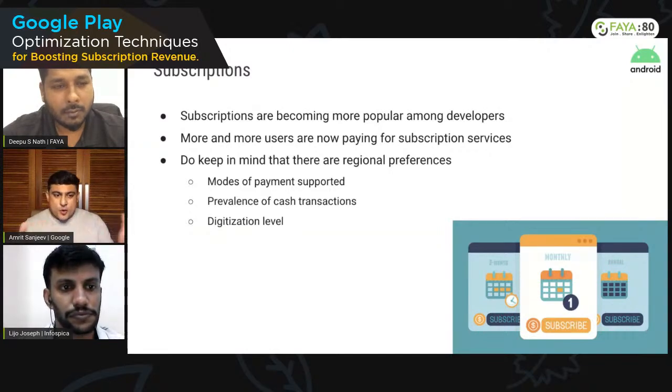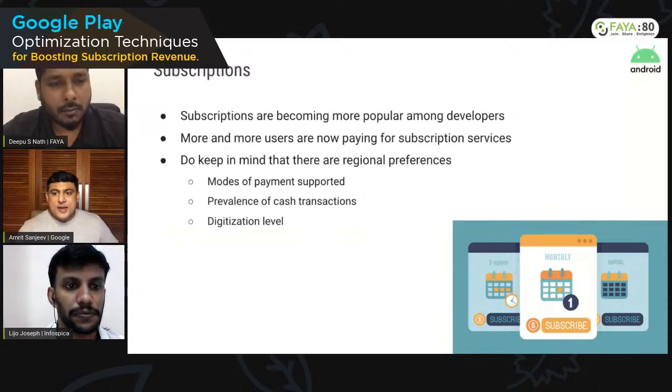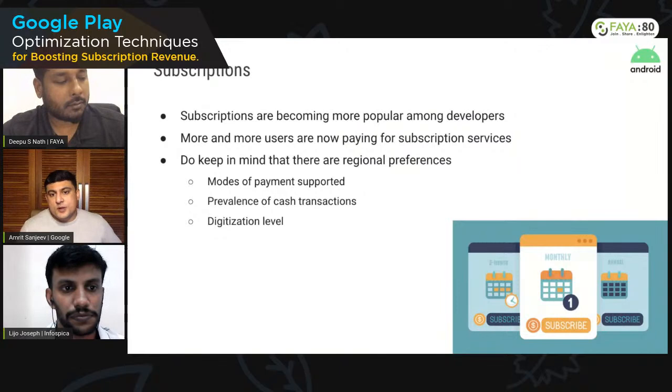But for your question, I would very clearly say that the number of features that come along with Google Play, which allow you to win back users and give features before they exit your subscription, things like that, will be explained in a few slides from now. I think that is the best advantage you have, other than just getting a payment gateway, because a payment gateway can be replaced by anything.